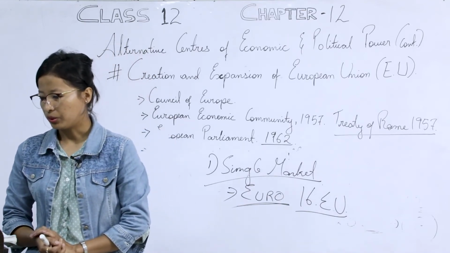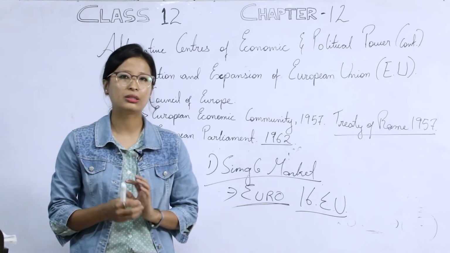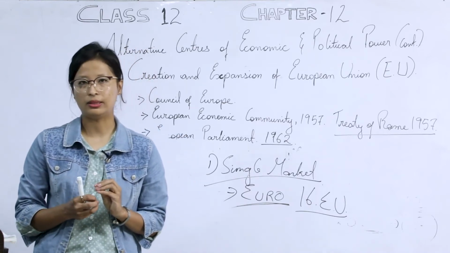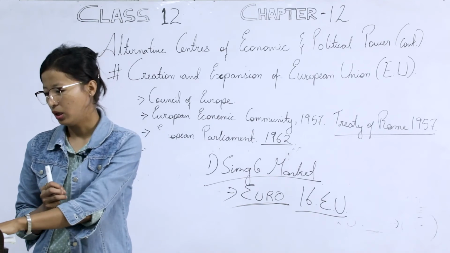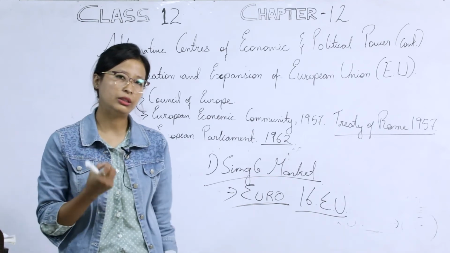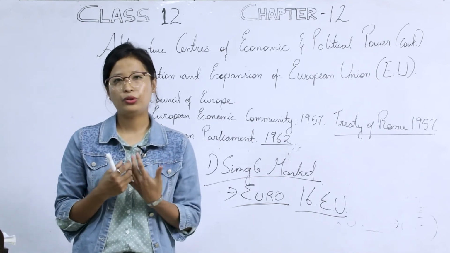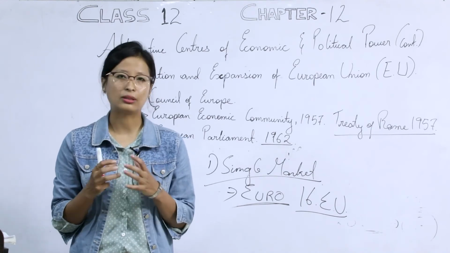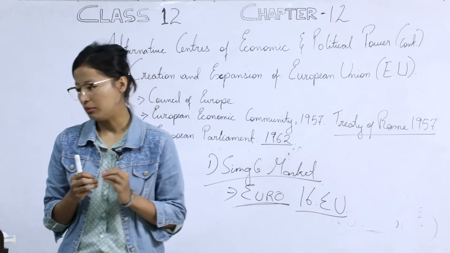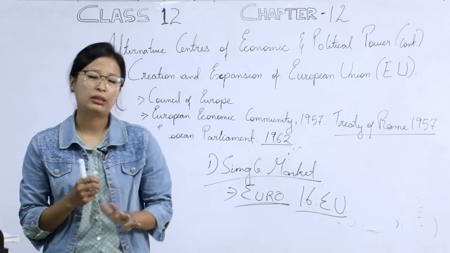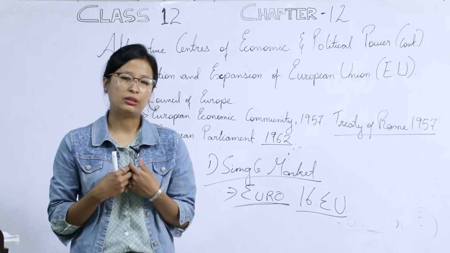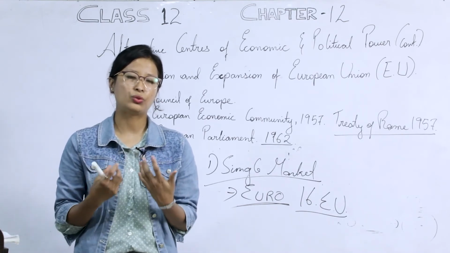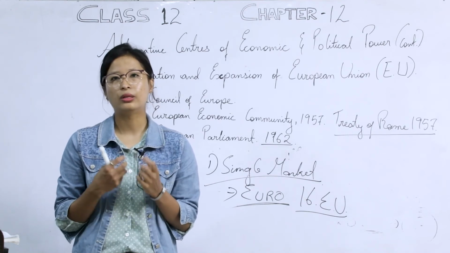Now, the last one will be European Union's military capability. Here, in the military domain, the European Union does not have a common military setup. That is, in regard to defense, it is left to the member states to develop their own defense system.